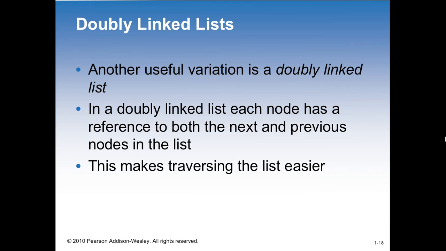A single one has one claw that comes from one node to another and grabs it. So it knows about the person in front of them, usually, the next. In a doubly linked list, it knows about the next. It also knows about the previous. So it holds on both ends instead of just one end. That makes it a stronger link, a little bit more reliable. It also makes it so that you can traverse it in both directions.